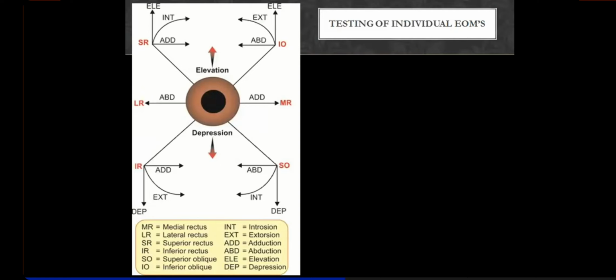In the oculomotor nerve I showed you the diagram where superior oblique was written here, inferior oblique here, superior rectus here, inferior rectus here. So don't get confused. We are coming back to the same thing. The action of superior oblique is that it depresses, abducts, and internally rotates the eyeball in a clockwise direction.